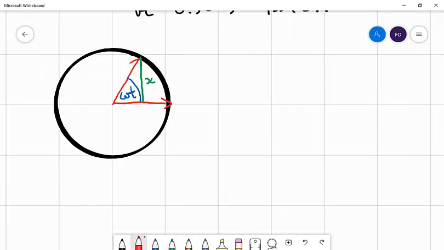And we know that the length of the phasor is A. So now we have a right triangle here, which we can use our trigonometry to figure out.